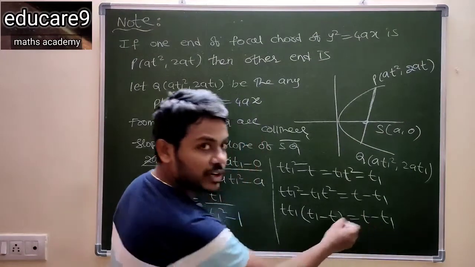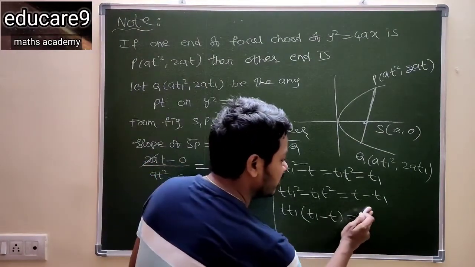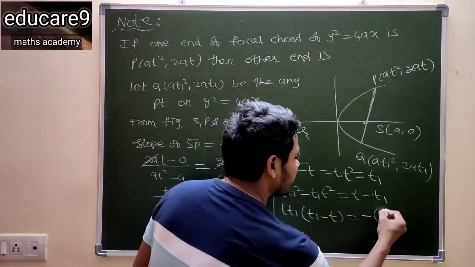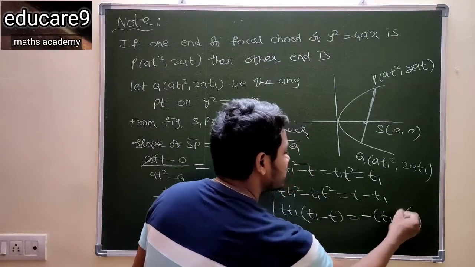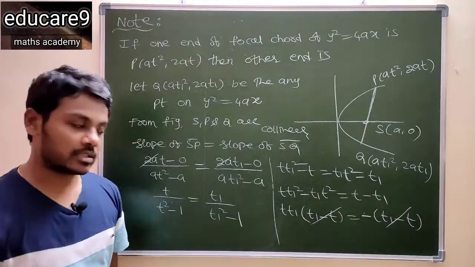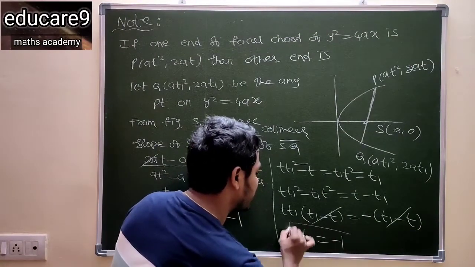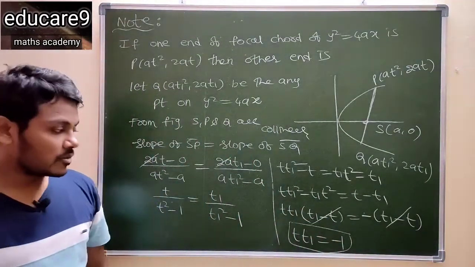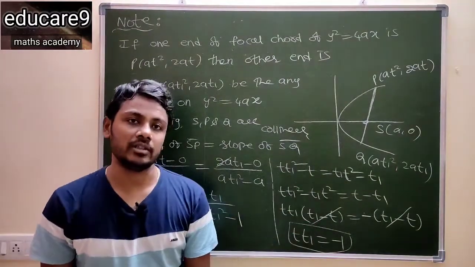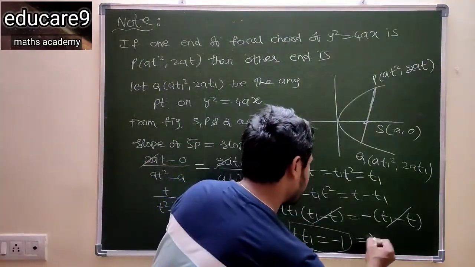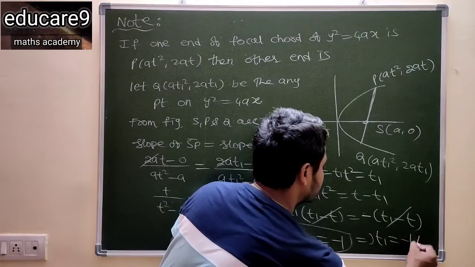So this can also be written as, minus is common, you will get −(t1 − t). So t1 − t gets cancelled. So t·t1 is equal to what? −1. So from this you can find the t1 value. So what is the t1 value? t1 = −1/t.